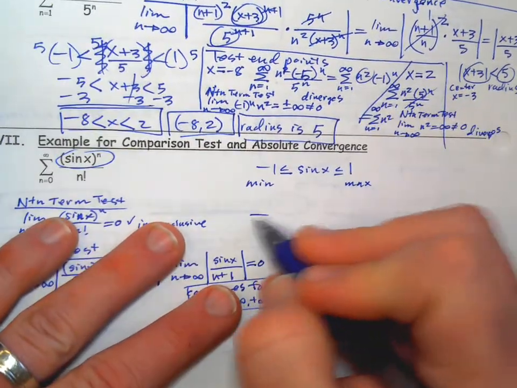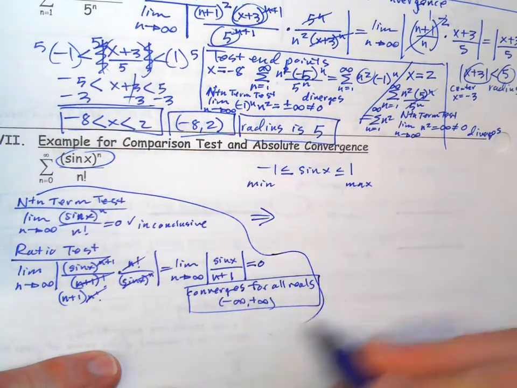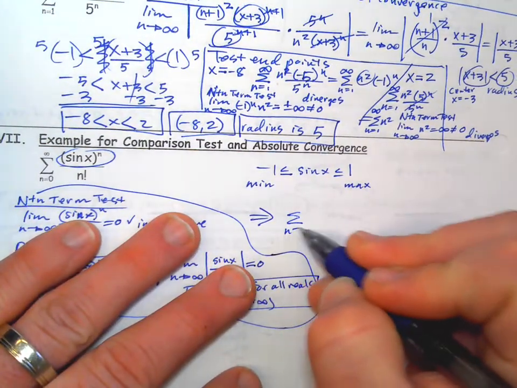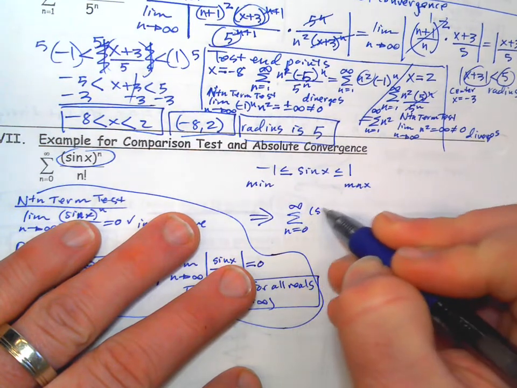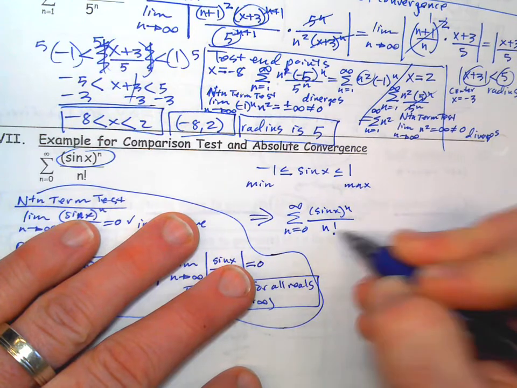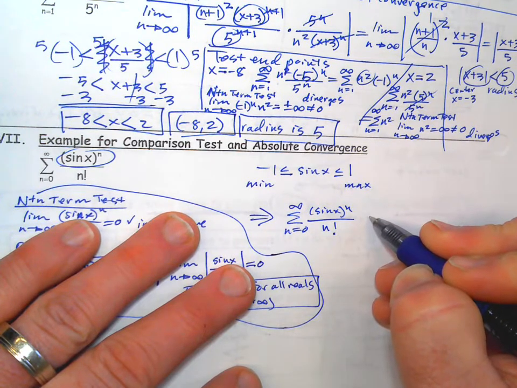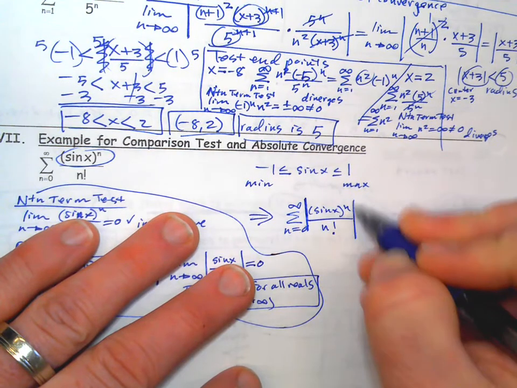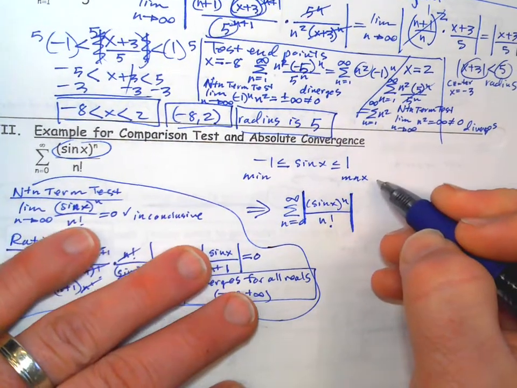We say, okay, well, all right, well, the series n equals 0 to infinity of sine x, the nth power over n factorial, and this is another thing, if we take the absolute value, well, now we know it's between 0 and 1.